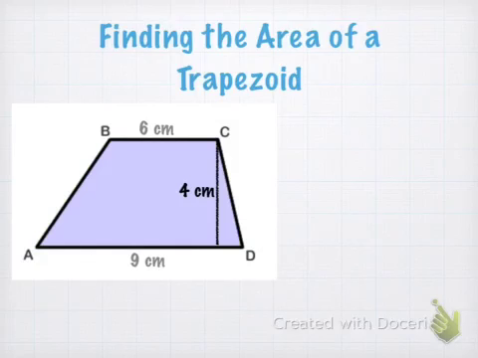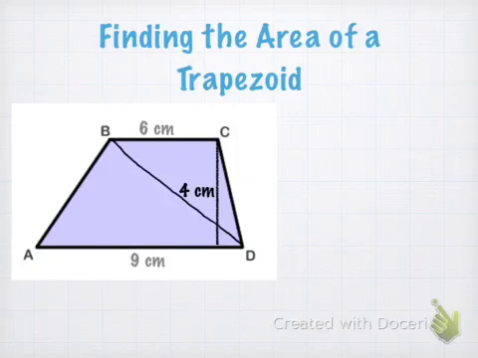And again, what I want to do to let you see where some of these formulas are derived from is break this trapezoid into two pieces, just like I did with the parallelogram, where I draw a line from vertex B to vertex D, and this is going to create two triangles.